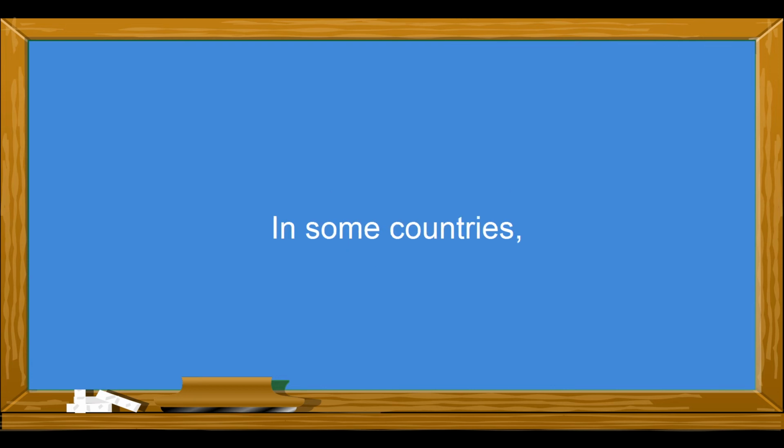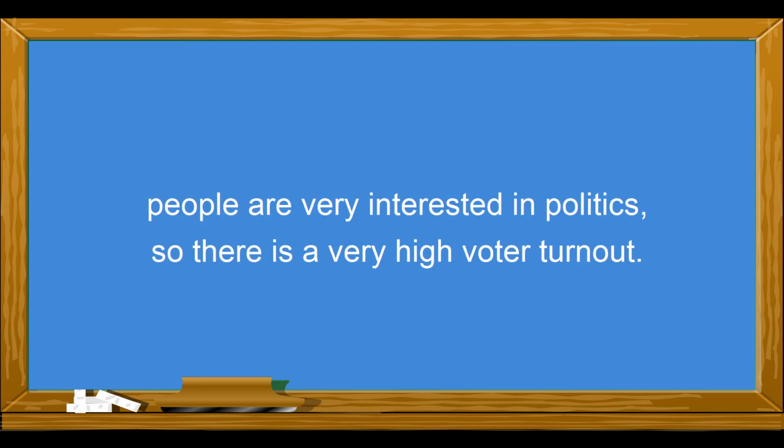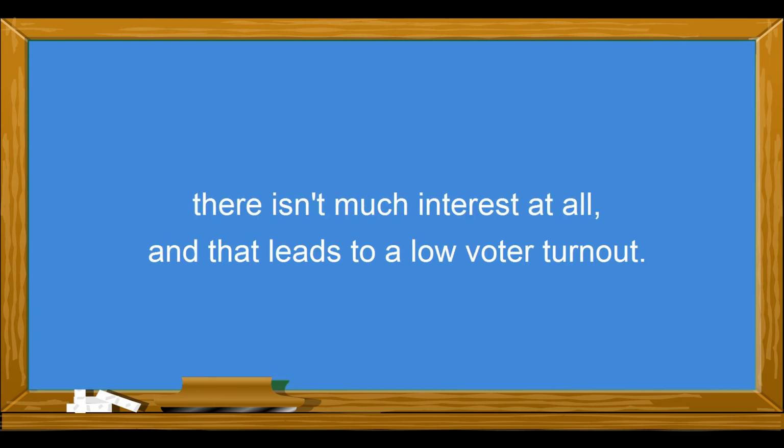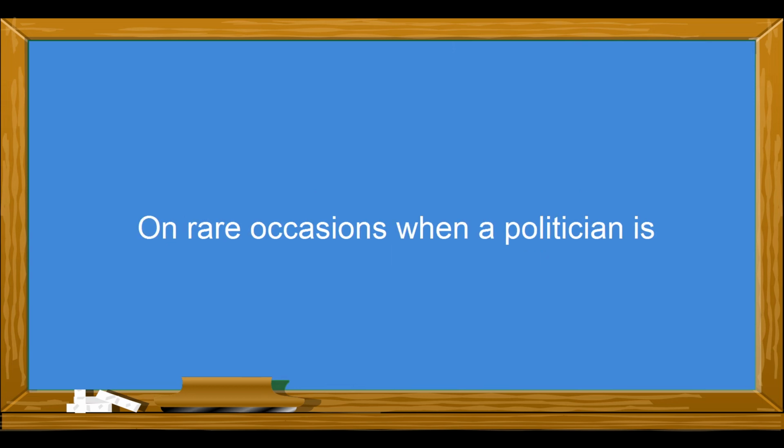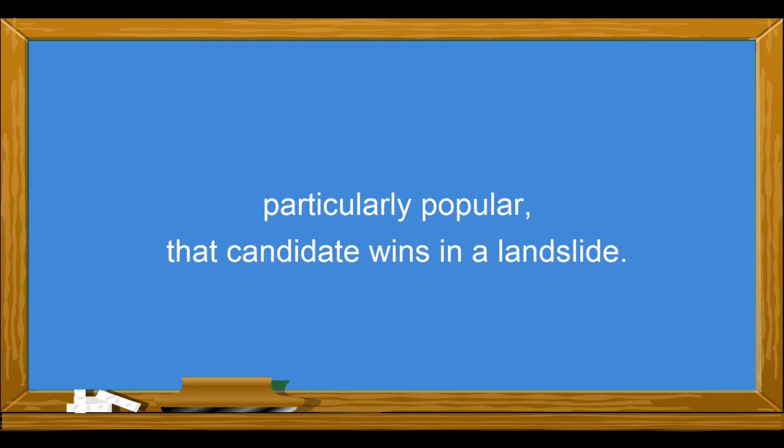In some countries, people are very interested in politics, so there is a very high voter turnout. In other countries, there isn't much interest at all, and that leads to a low voter turnout. On rare occasions, when a politician is particularly popular, that candidate wins in a landslide.